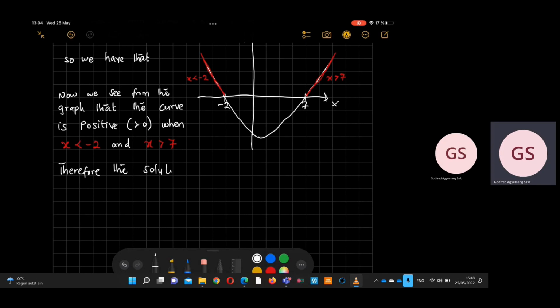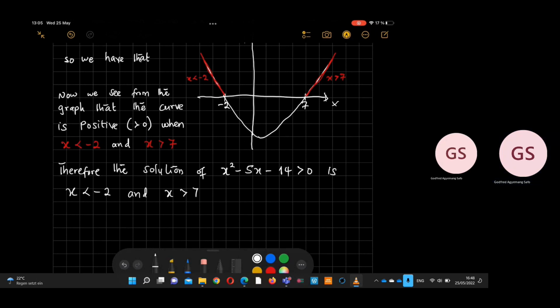And so therefore, the solution of x squared minus 5x minus 14 greater than 0 is x less than -2 and x greater than 7. Thank you.